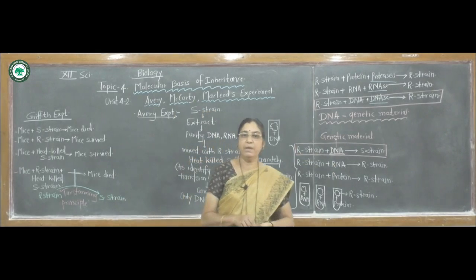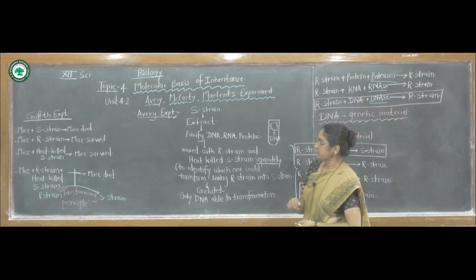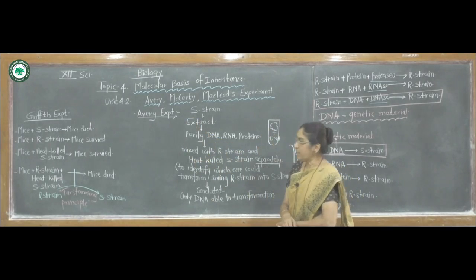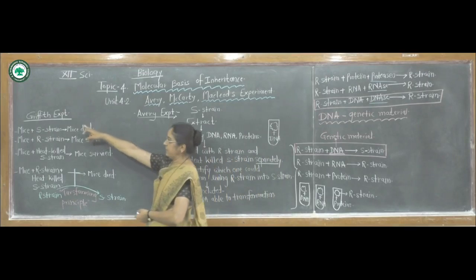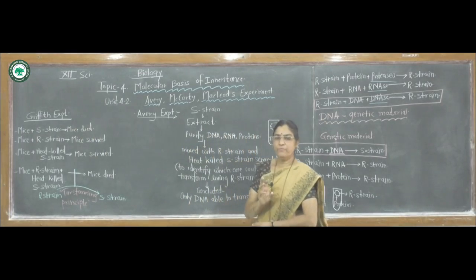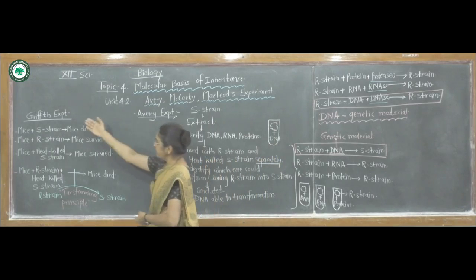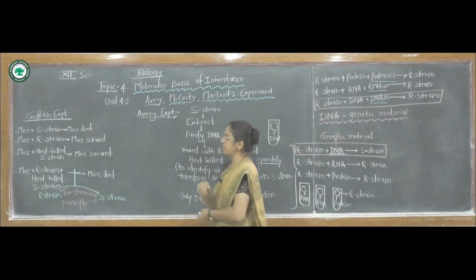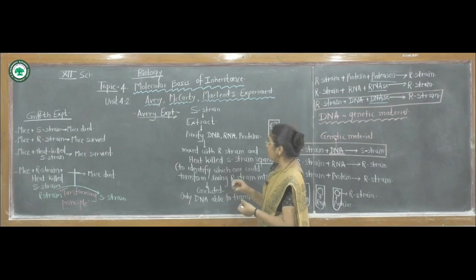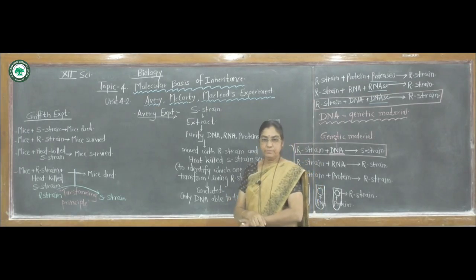Here the question may be asked for 3 marks, explain the Avery experiment, or maybe the weightage carried from the Griffith experiment may also be for 3 or 5 marks. So we have to cite here, maybe under the Griffith experiment or under the Avery experiment, both experiments which worked to explain what is the genetic material.